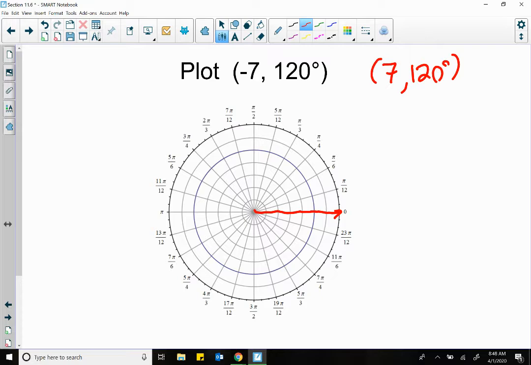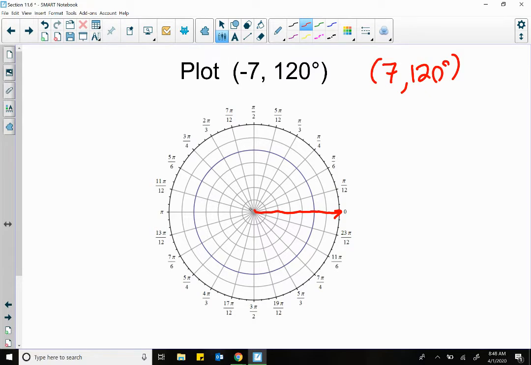If we convert that to radians, since my polar graph is already in radians, I believe that is 2 pi over 3, but let me double check. Yep.